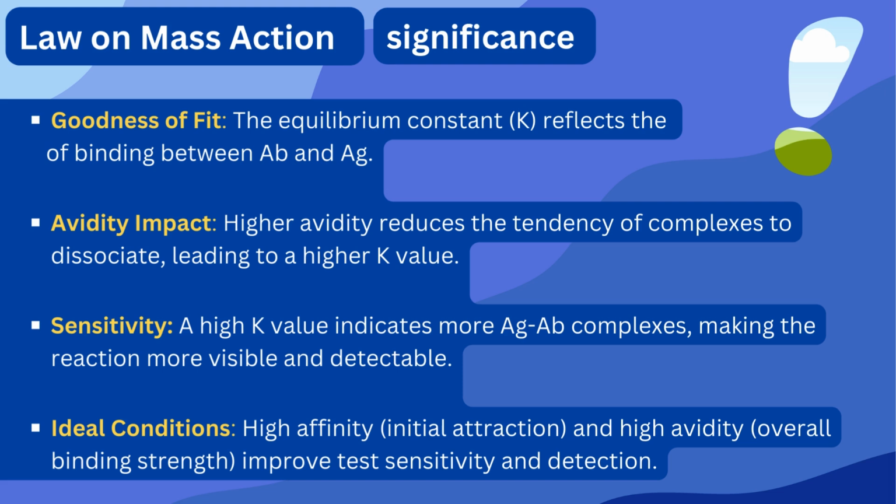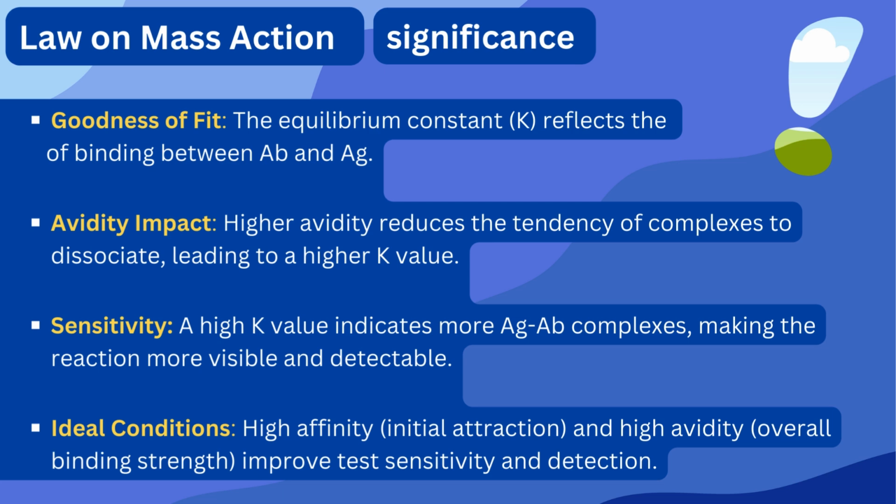How about sensitivity? A high equilibrium constant indicates more antigen-antibody complexes, making the reaction easier to detect. So we're referring to sensitivity, meaning even the smallest amount of the analyte can be detected.